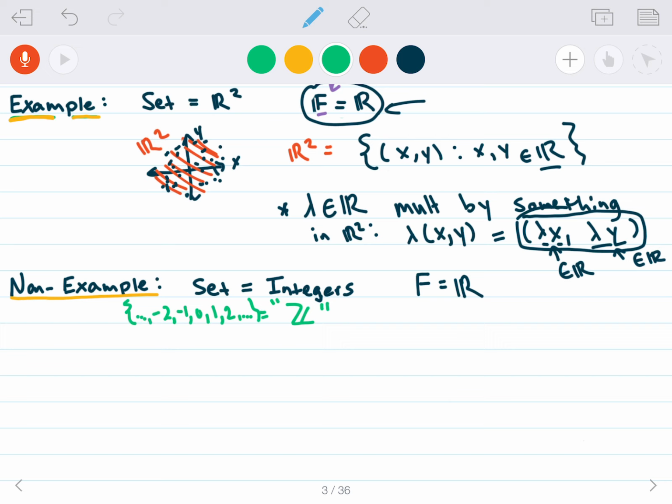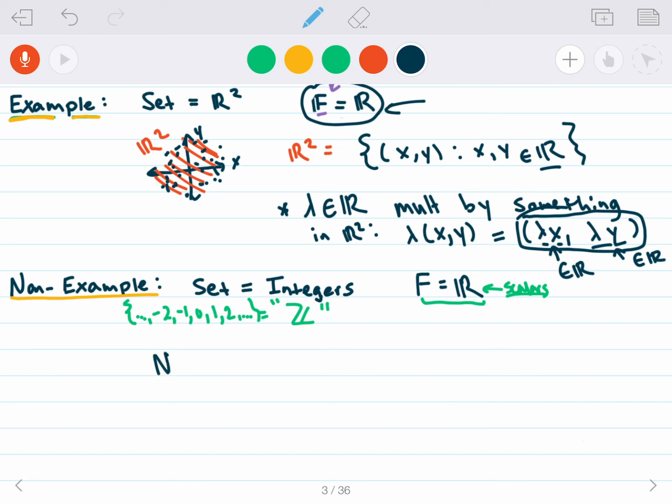So those are integers, whole numbers, positive and negative, and 0. The field we're dealing with, where our scalars are coming from, is going to be the real numbers. Now think about what the real numbers include. Real numbers include many more numbers than integers. And the set of integers is not closed under scalar multiplication by the reals.